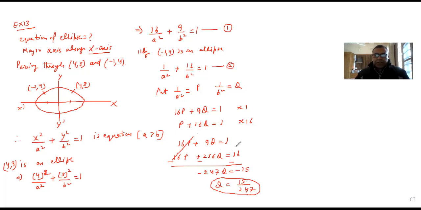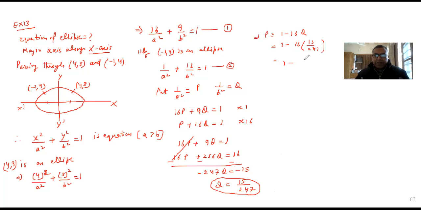Now, if q is this, find the value of p. p is equal to 1 minus 16q, which is 1 minus 16 times 15 upon 247.